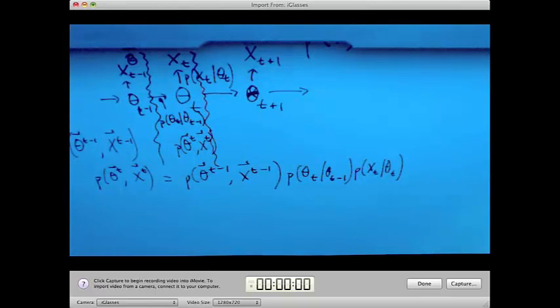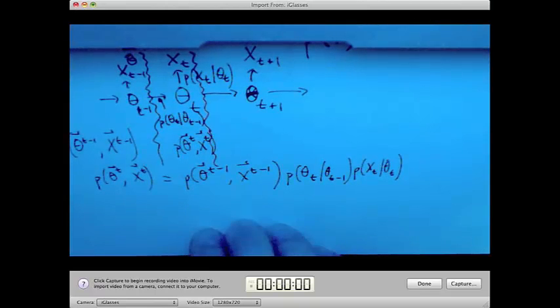I can more or less instantly write down p theta 1 comma x1, and then from that I can get p theta up to theta 2 up to x2 and so on and so forth by this equation.